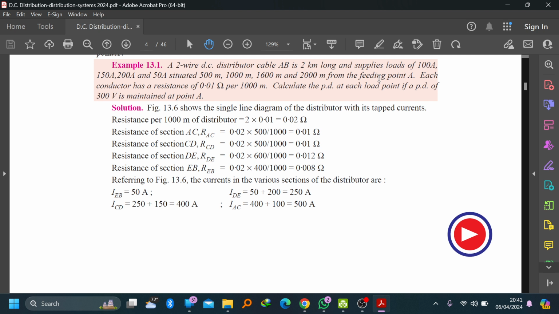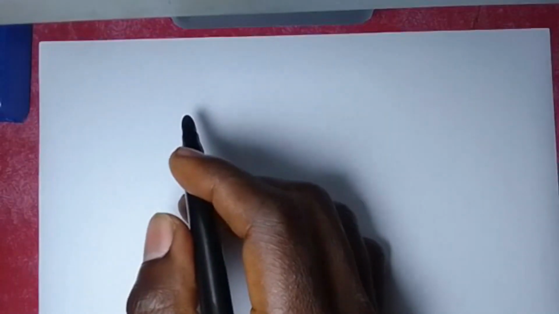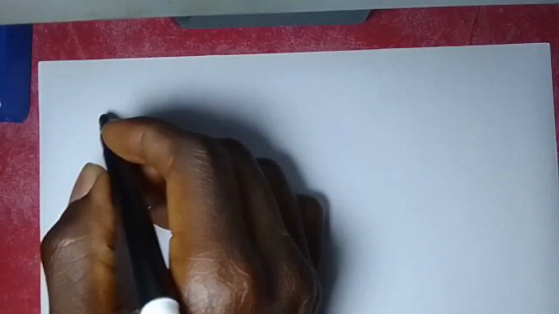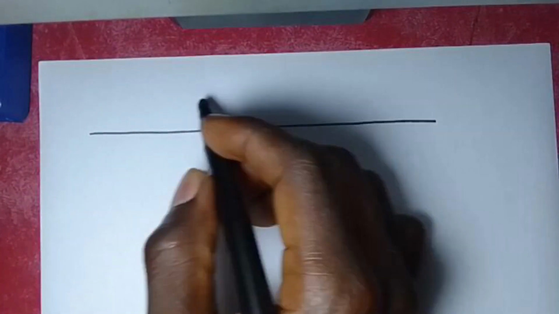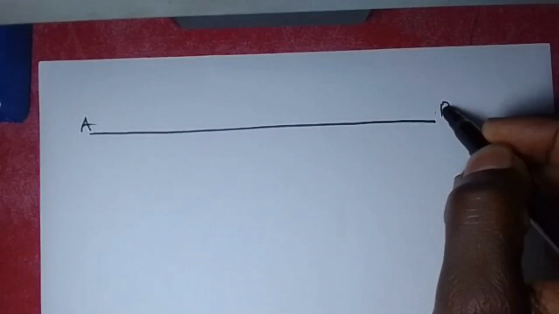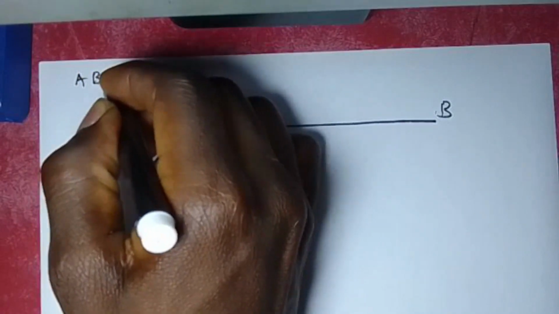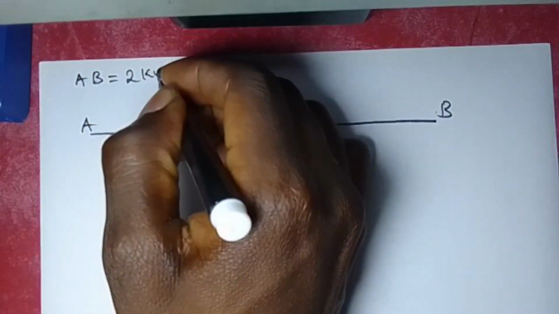So they are saying a 2-wire DC distributor cable AB is 2 kilometers long. So I'm going to draw my cable AB, which is 2 kilometers long. Along here I will draw my cable, and it is from point A to point B, and I'll say this is A, B. From A to B is 2 kilometers.